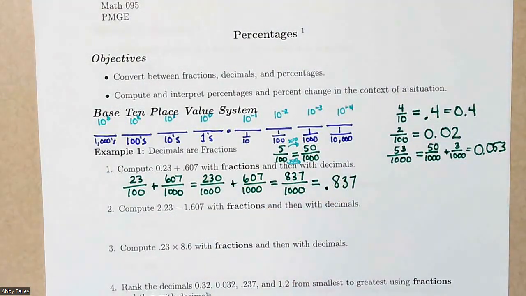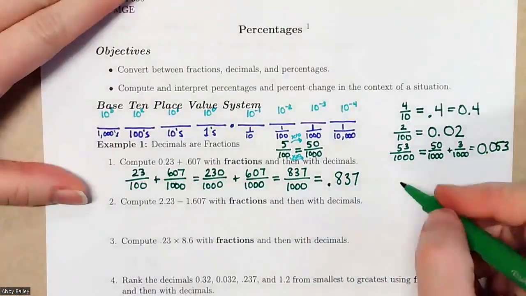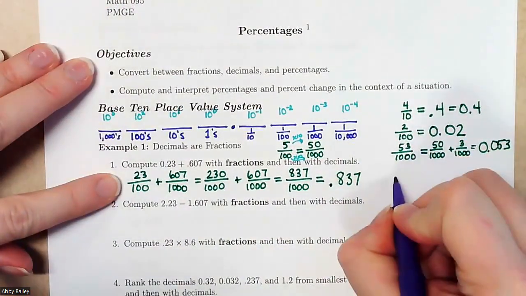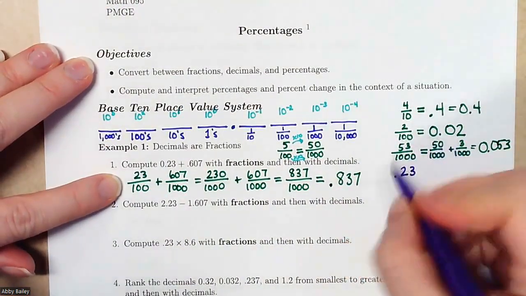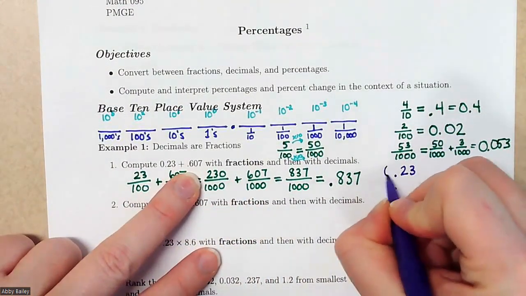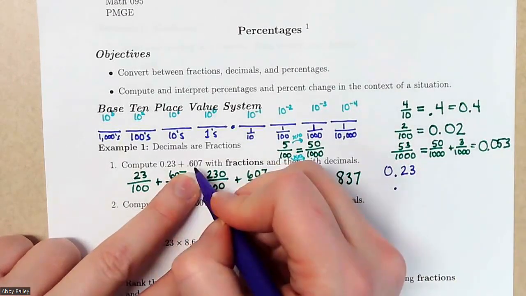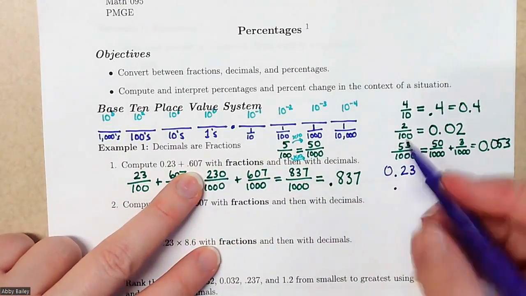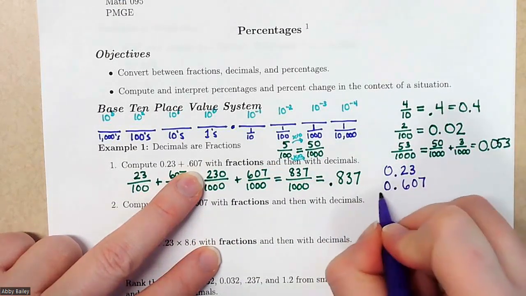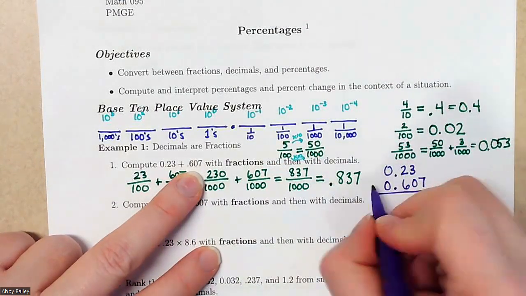Okay, let's do that with decimals. So if I see 0.23, I'm going to line up the places. So 0 wholes on this one, and also 0 wholes on this one as well. So I see 0.607, and I'm going to add.